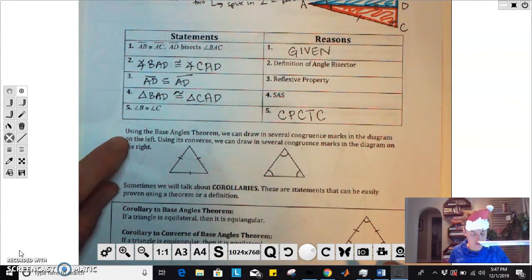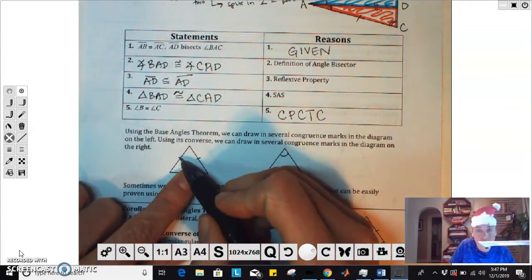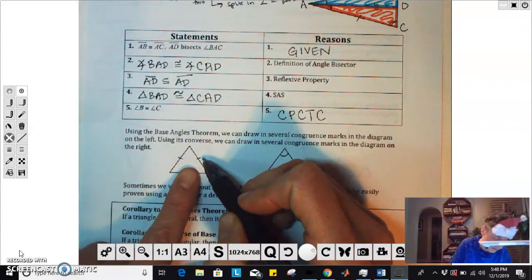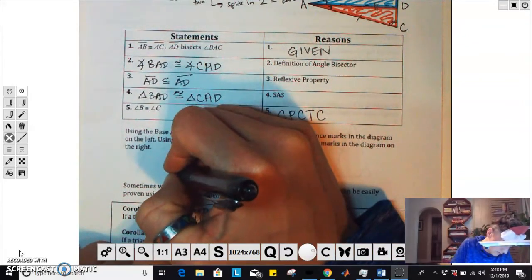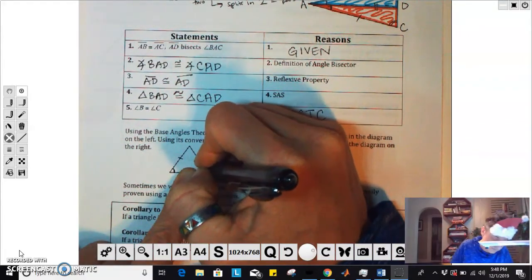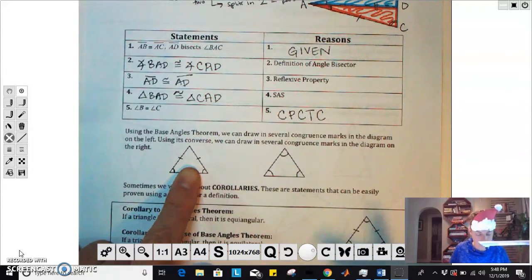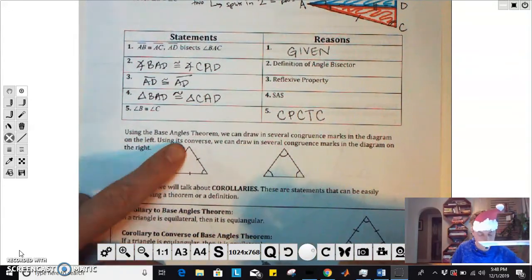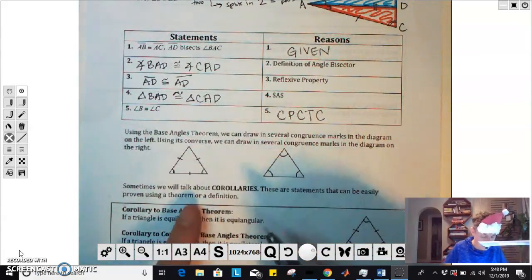Base angles theorem says if you have two sides that are congruent, then the opposite angles are congruent. Well, you're congruent to you. Let's try again. Now we've got, who do I want to cover up?